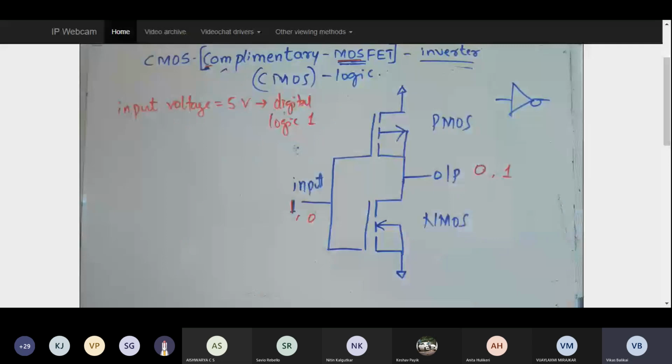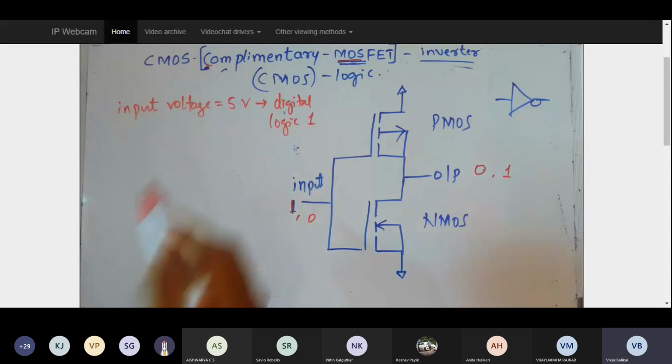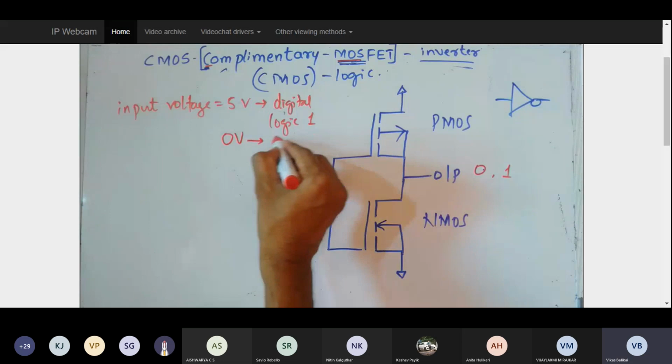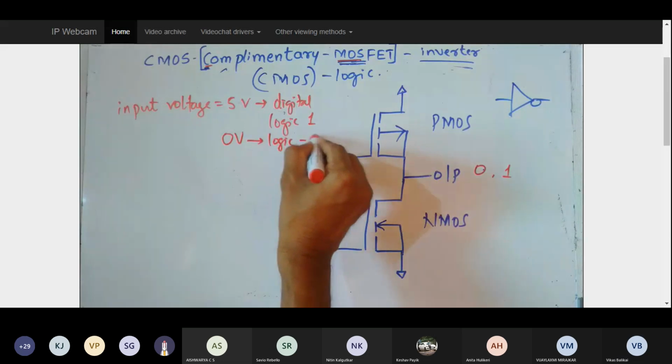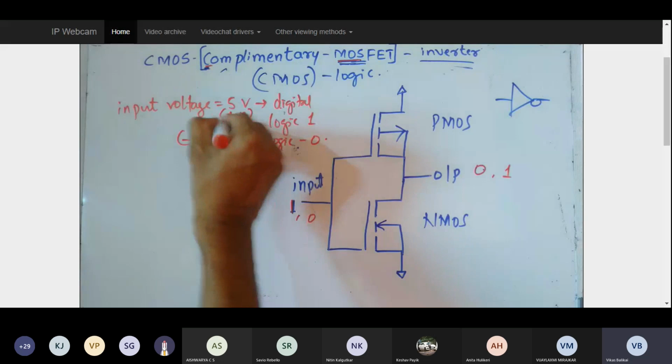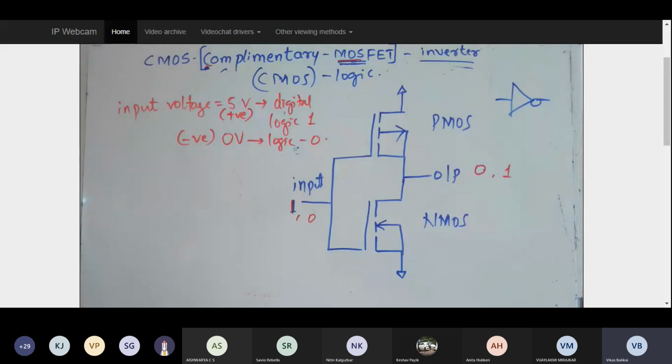So I correlate an input voltage of 5 volts, or a higher voltage, or a positive voltage, to logic 1. And if the input voltage is 0 volt or a negative voltage, I say logic 0. Any positive voltage, I call logic 1. Any negative voltage or 0 voltage, I term as logic 0. Is that clear? This is the convention that I am following.